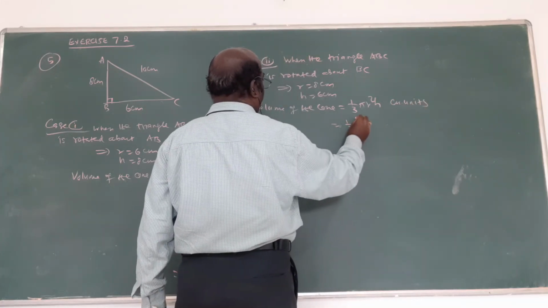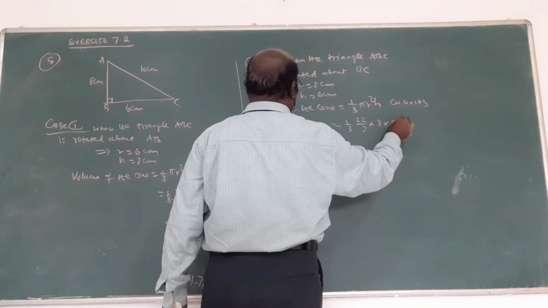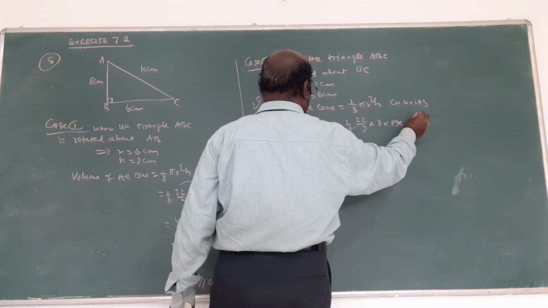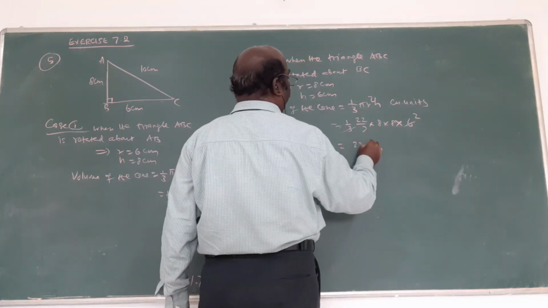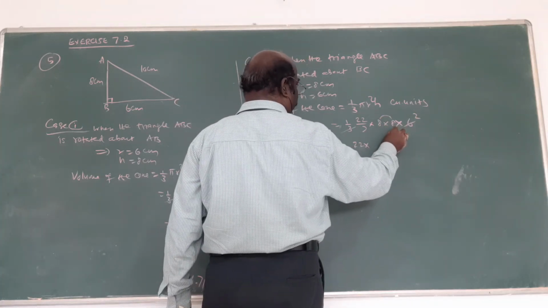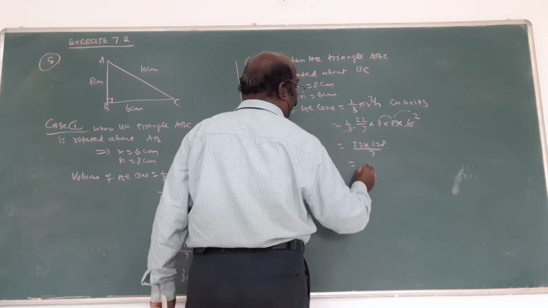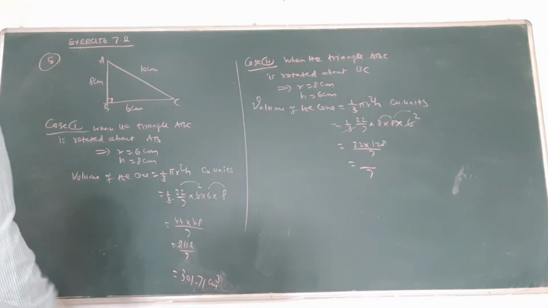1 by 3, pi is 22 by 7, r square is 8 into 8, h is 6. 2 times. Alright? Now 22 into 8 is 176, and 64 into 2 is 128 by 7. Now multiply and simplify.